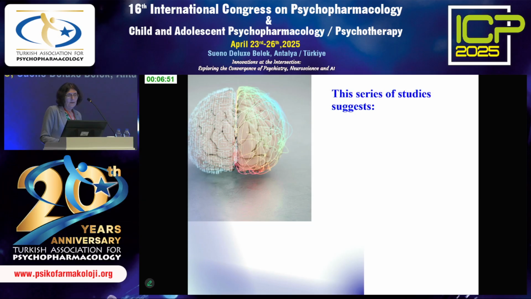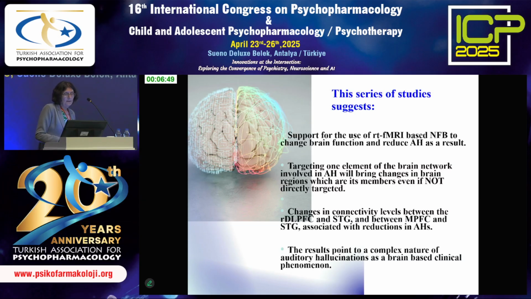So what these studies suggest is that, first of all, you can use neurofeedback to reduce auditory hallucinations in people with schizophrenia. It is also our hypothesis that by targeting one brain region, we can really affect the whole network has been confirmed.